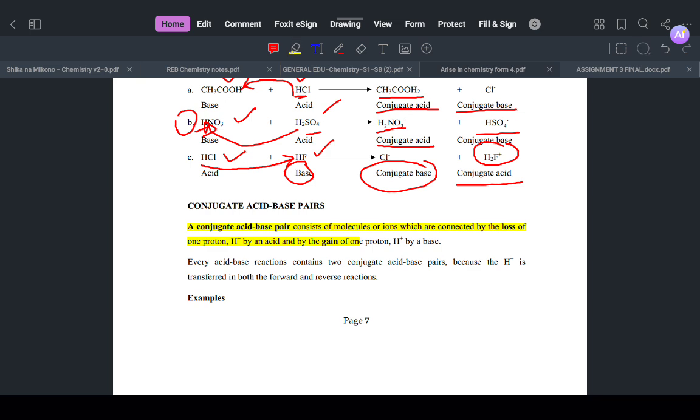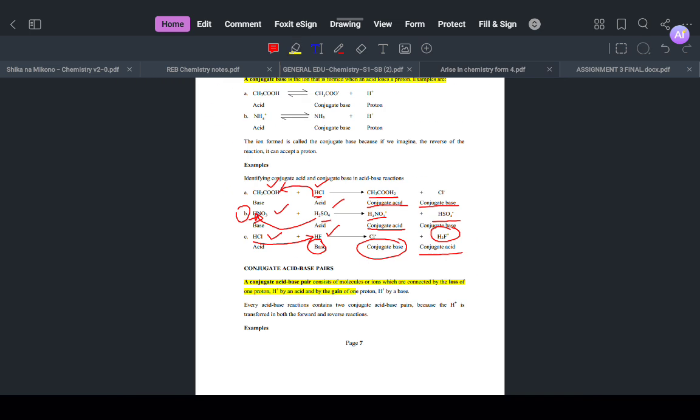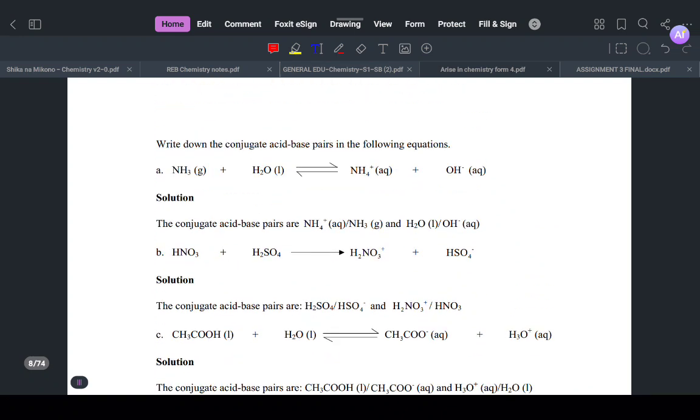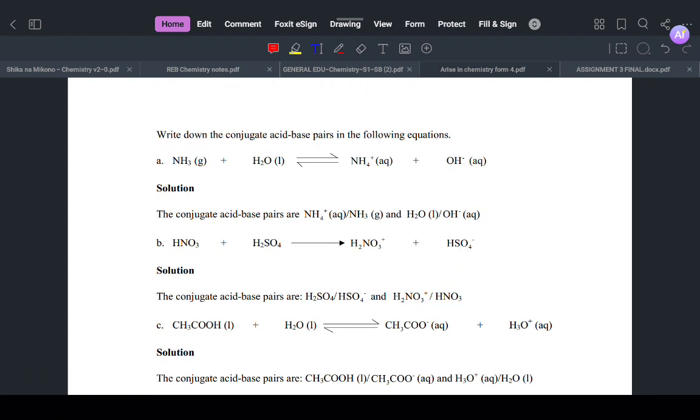Let's appreciate some examples. Suppose we are asked to write down the conjugate acid-base pairs for the following equations. First and foremost, we need to label these. In this case, this is the base.